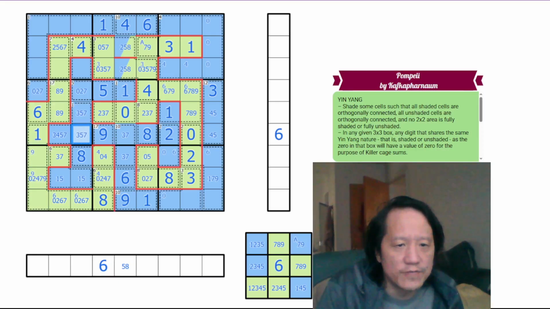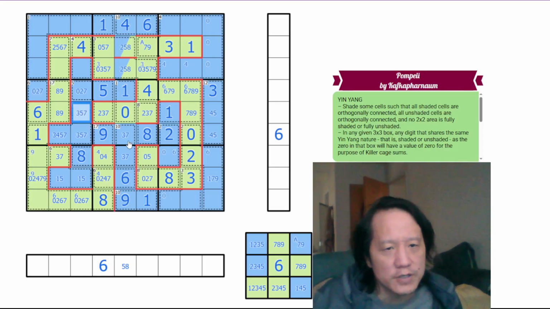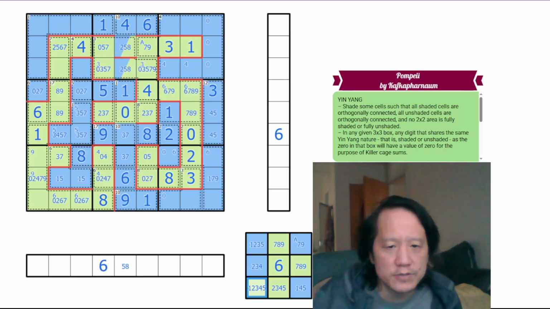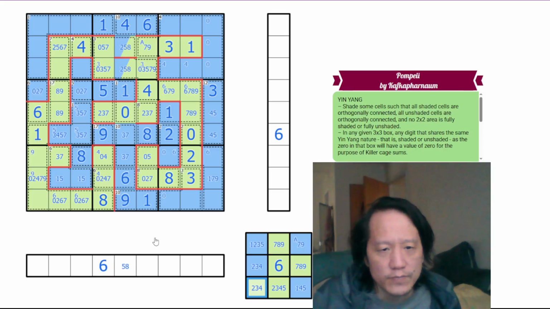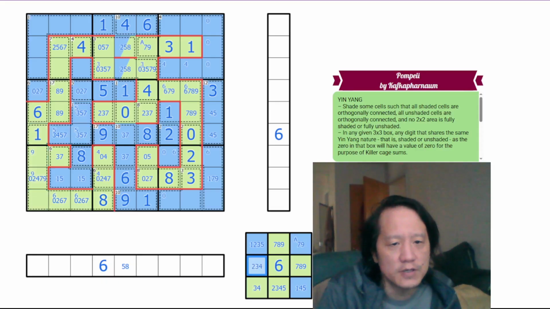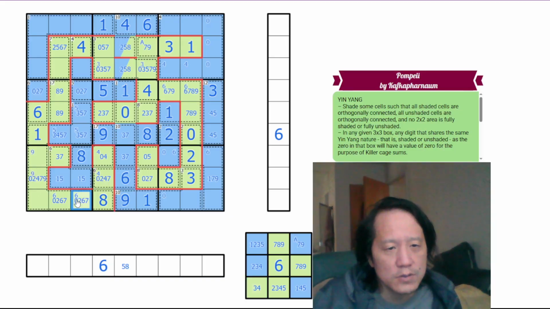Therefore, there must be a 5 here somewhere. So there's a guaranteed 5 here. So it's not missing a 5 here. There's a guaranteed 1 and 5 here. We are missing a 2 in this cage, so 2 cannot be missing here.